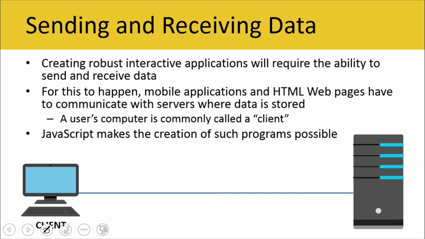Note that a user's computer, our computers, are commonly called clients, right? We're able to send data back and forth with servers because of things like JavaScript, right? They make the creation of all of our programs possible and the ability to send and receive data possible, right? So here, you've got a computer sending data to a server, and then of course a server sending data back.